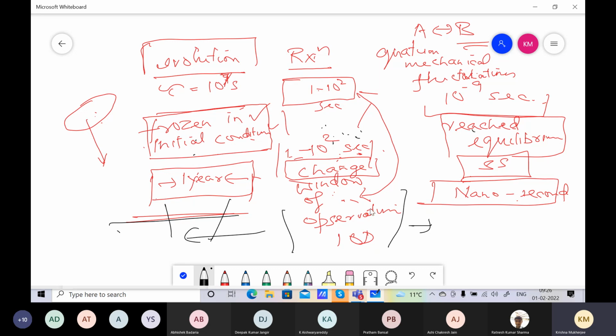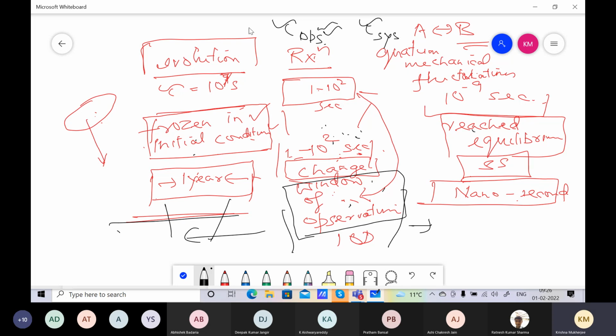I was using it only as an example for the fact that your window of observation ensures what changes you will see, where the tau values are close to each other. So the tau of your observation window and the tau of the system that you are studying, if they're equal, that is where you see the change.